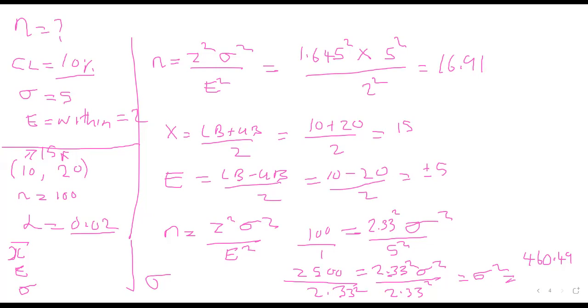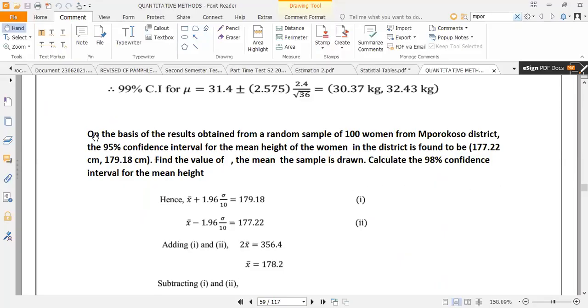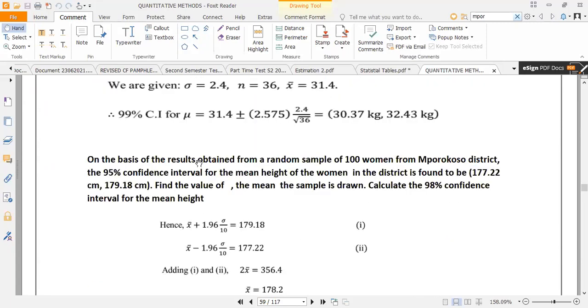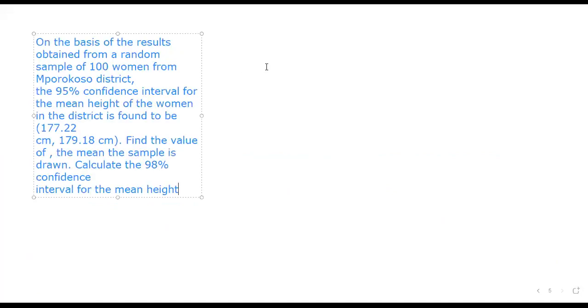So we now go to an exam question. Now I need you to follow closely. Those that got this pamphlet, page 58. So I want us to participate completely. Okay, let me broadcast this.